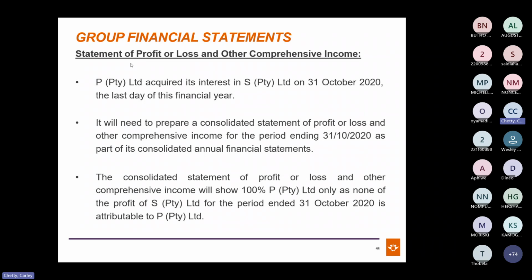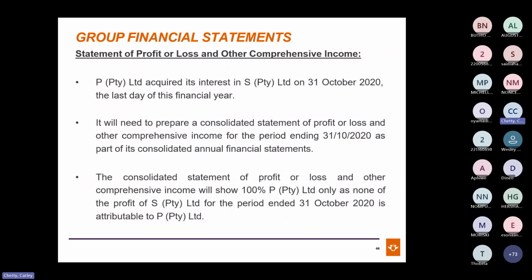So the statement of profit or loss and other comprehensive income. P acquired its interest in S on 31 October 2020. This is the last day of the financial year. So it will need to prepare consolidated statements of profit or loss and other comprehensive income for the period ended 31 October 2020 as part of its consolidated annual financial statements.